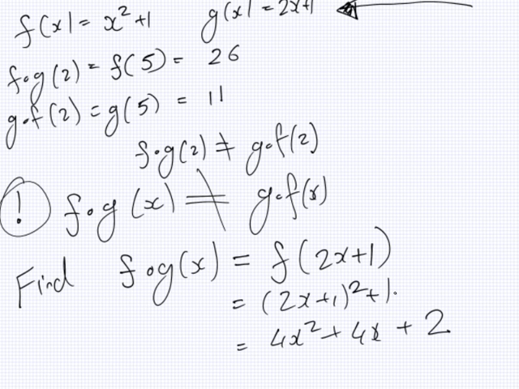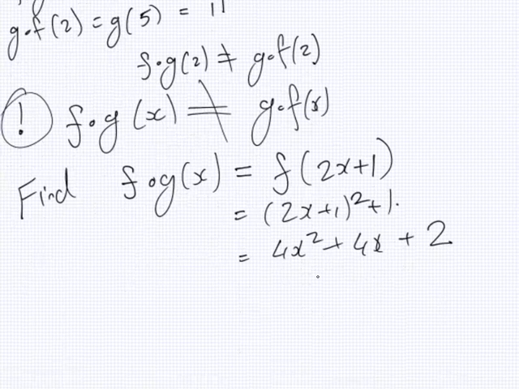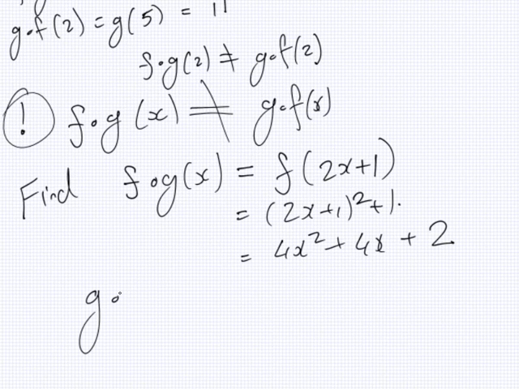Ah, no. I said simplify the answer. Right, can you do this one now? G of f of x. It's a squared plus 2ab plus b squared. So isn't the a squared 2 squared x squared? Yeah, which is 4x squared. Yes.